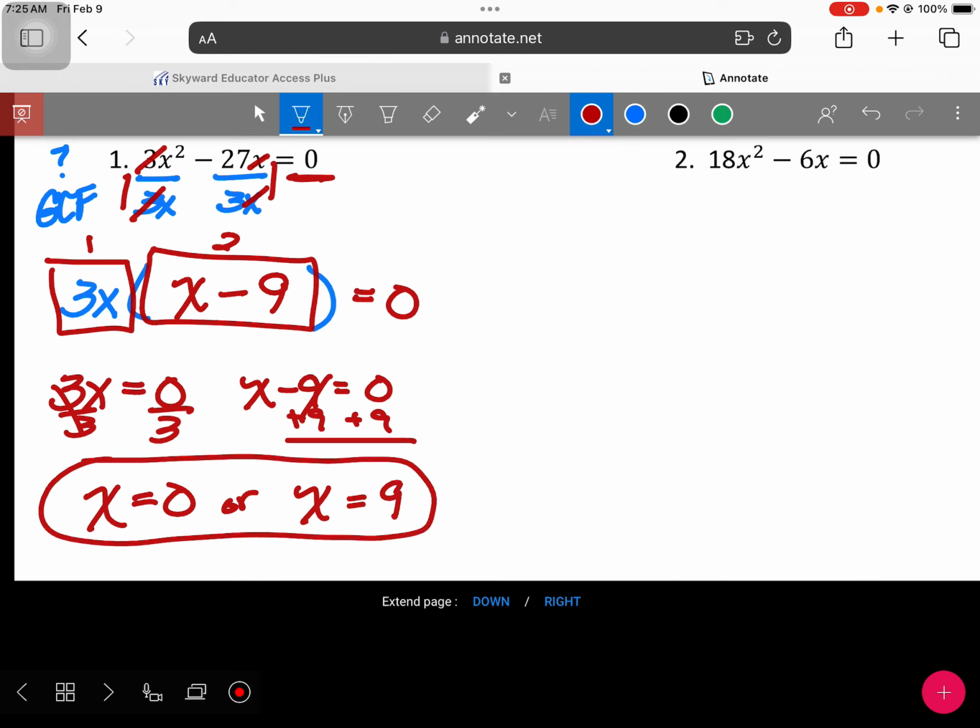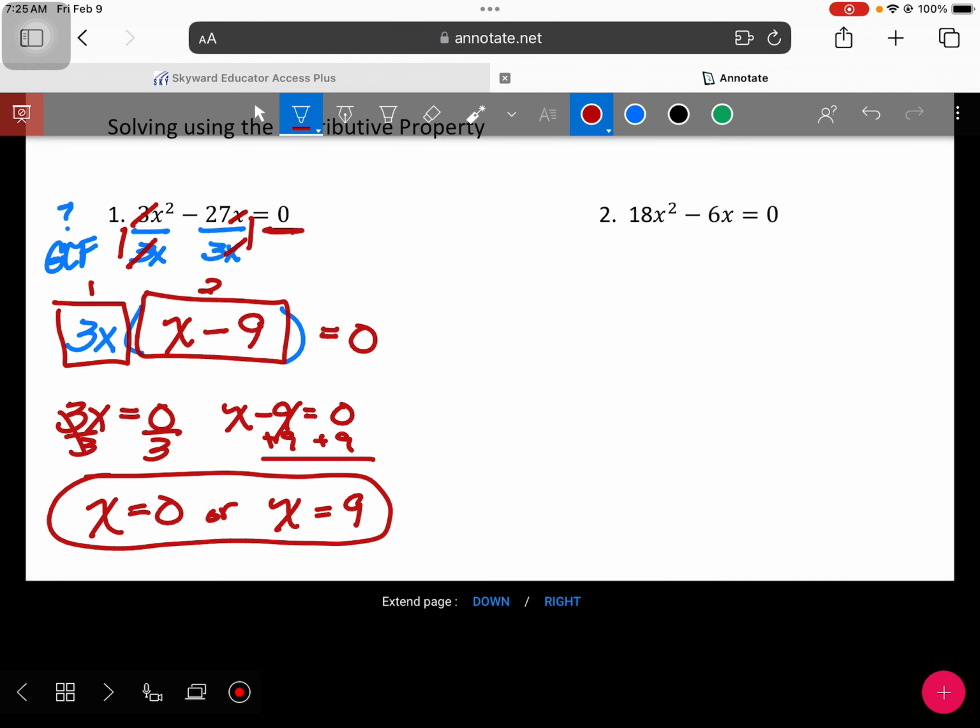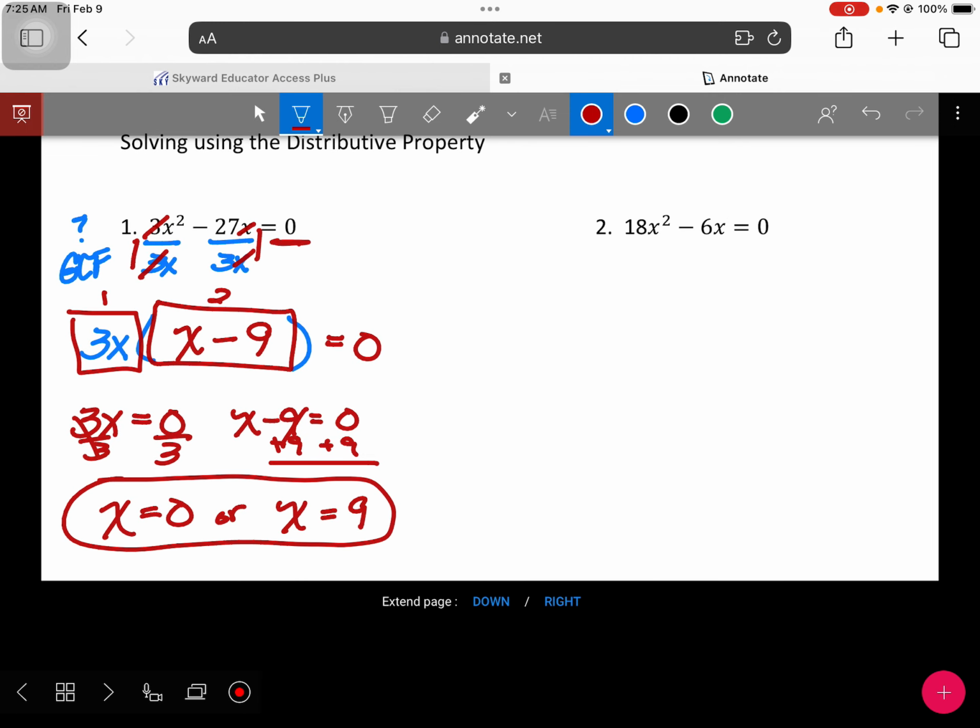Anybody have that for the first one? Very good. Don't forget, if you're talking about something that is squared, you're going to have two values, okay? Or no real solution.